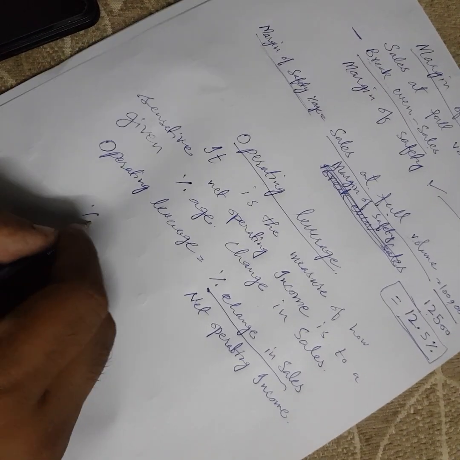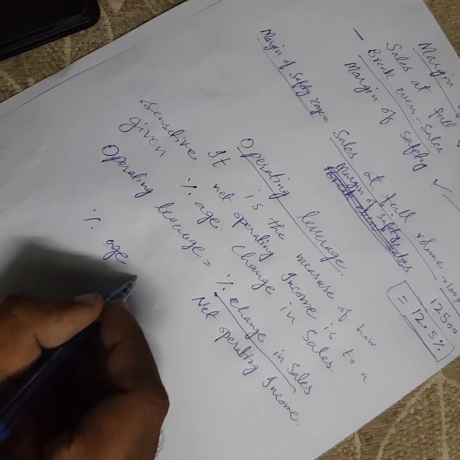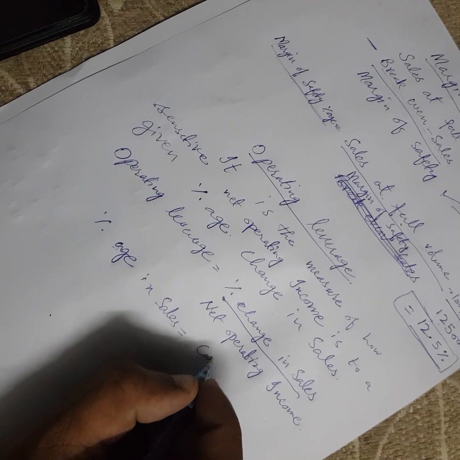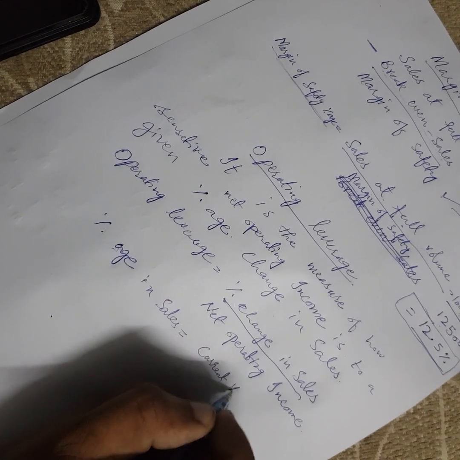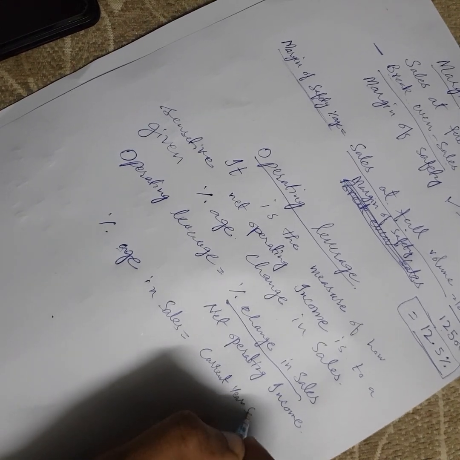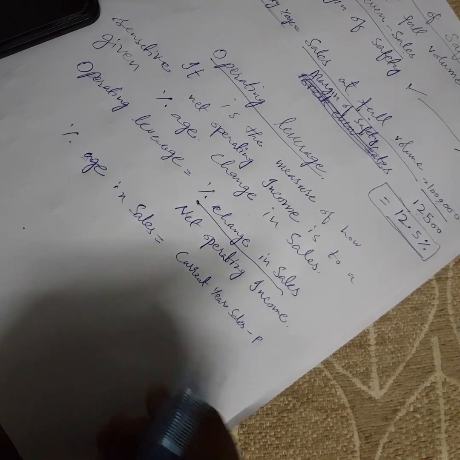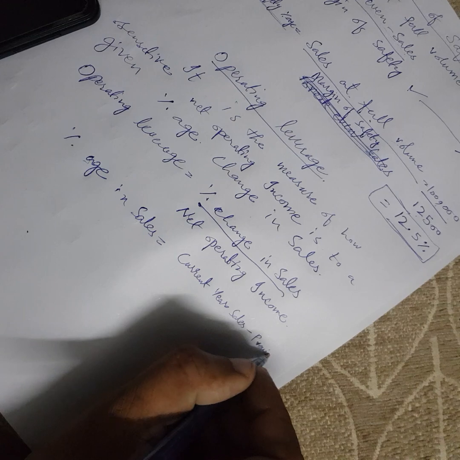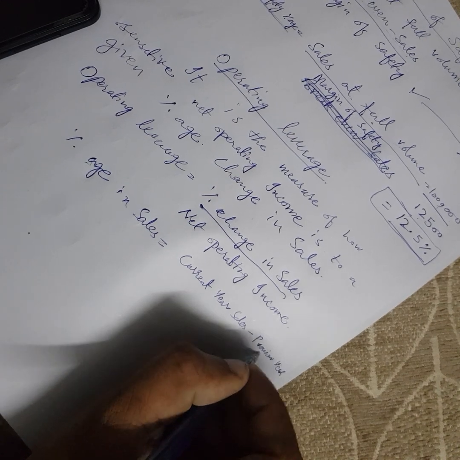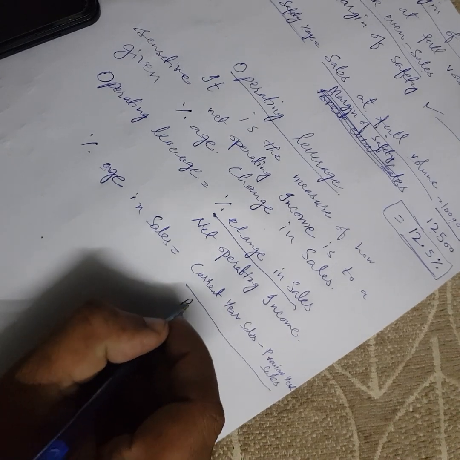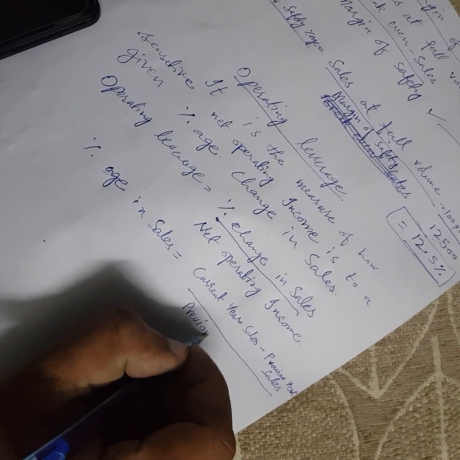The formula of percentage change in sales is equal to current year sales minus previous year sales, divide by previous year sales.